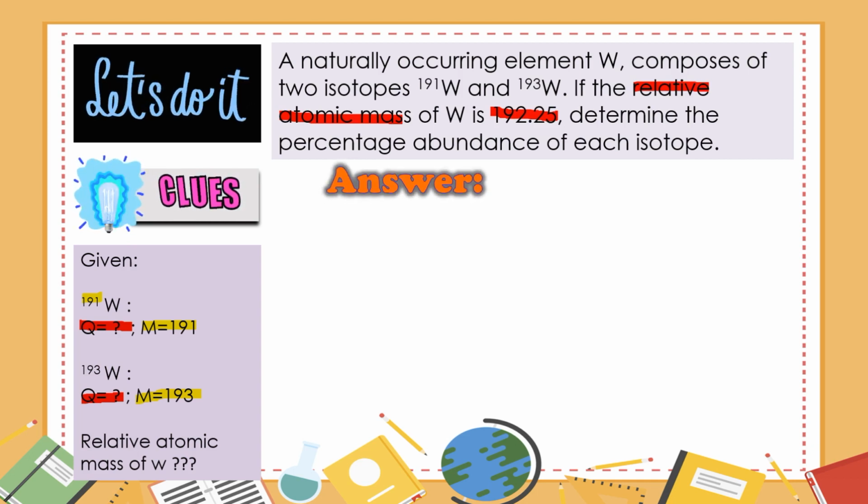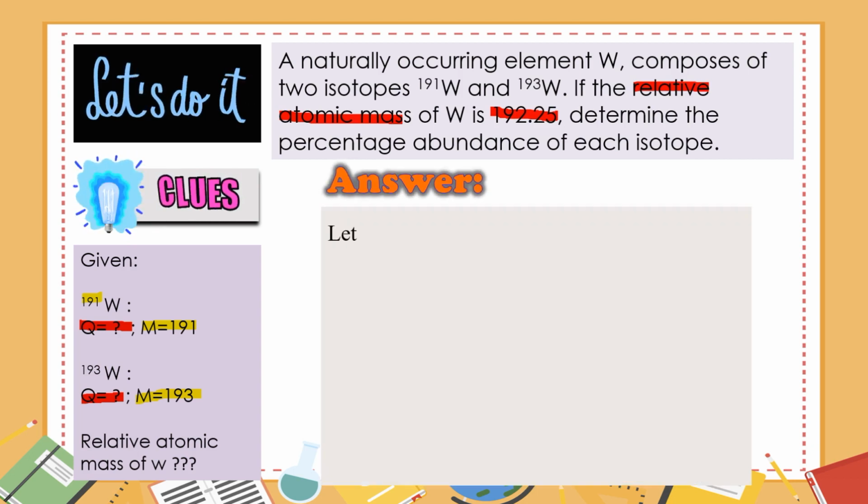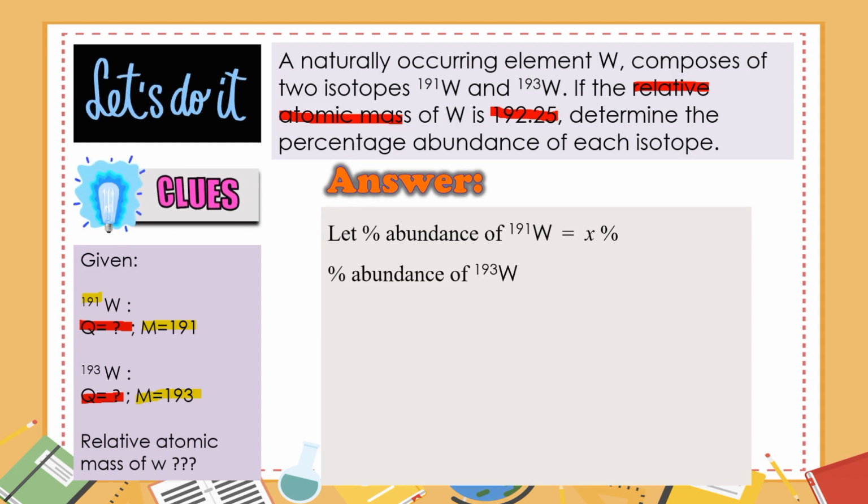How can we calculate? First of all, we have to assume the percentage abundance of W-191 is equal to X%.